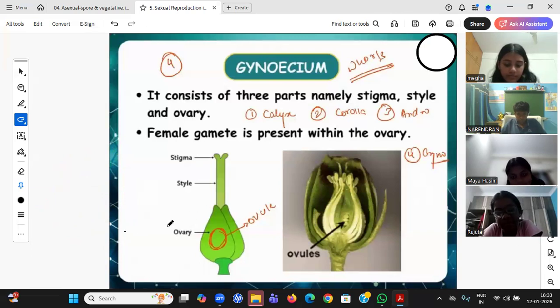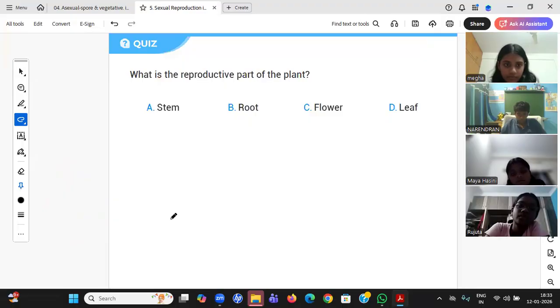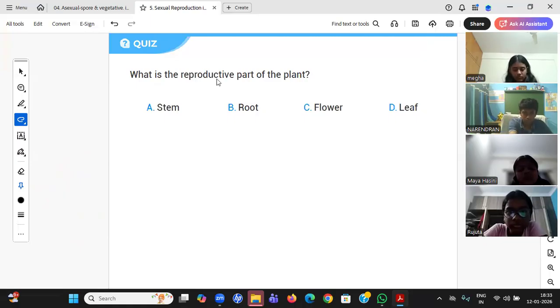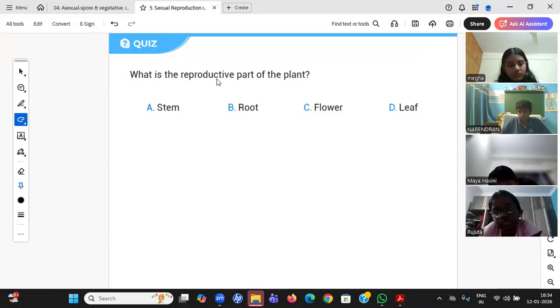Okay, let us go to the next question. Read the question and try to give the answers now. We have finished the parts of the flower. Right answer, Megha, Maya, Narendran, Rujuta, Avdan.